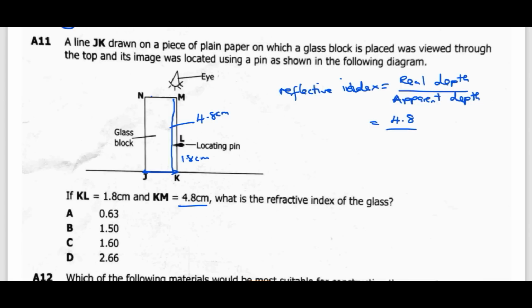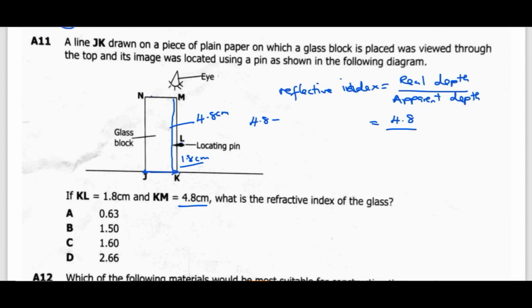How do we find this apparent depth? We have this distance that we've been given, K to L, it is 1.8, and then we have the real depth.